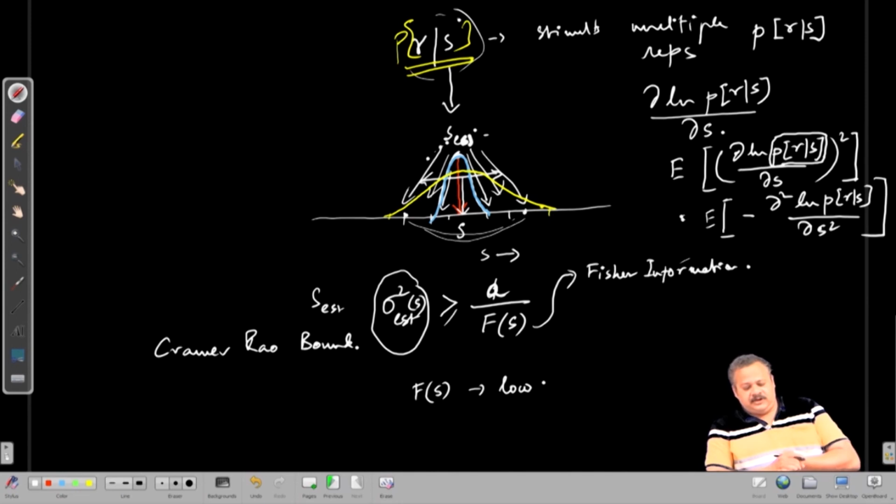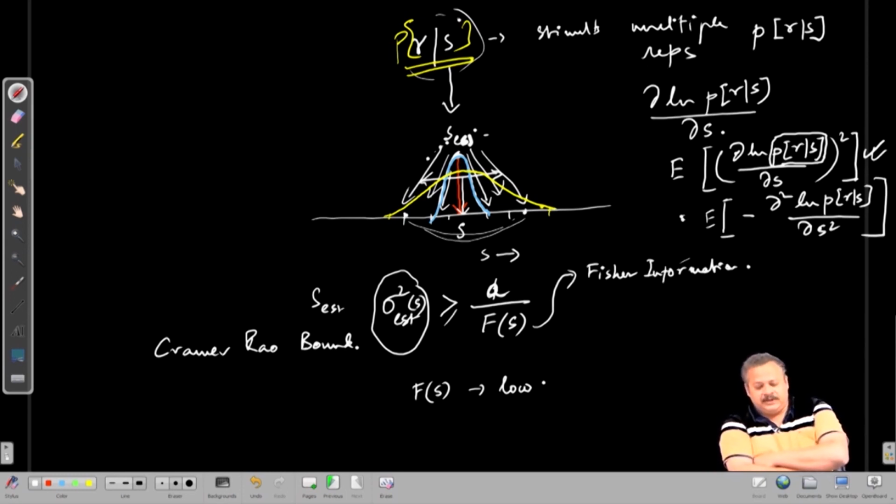So, based on the Fisher information, we can conclude how well the response encodes the stimulus. Or in other words, if we are trying to estimate the stimulus from the response, how well we can estimate that is determined by the Fisher information, which, as we have shown, is the expectation of the square of the score.